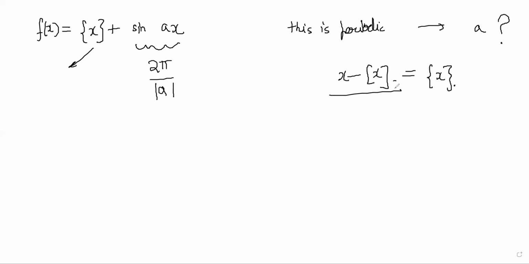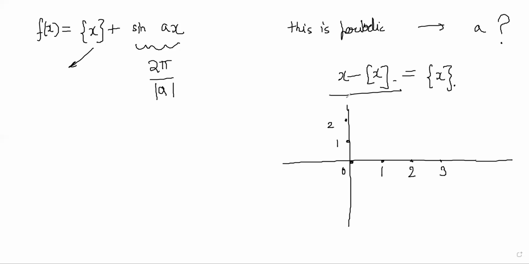So let's try to draw the graph of the fractional part function. This is say 0, 1, 2, 3, and so on, and this is 1, 2, 3. So x minus gif of x. In this portion, it will be simply x.